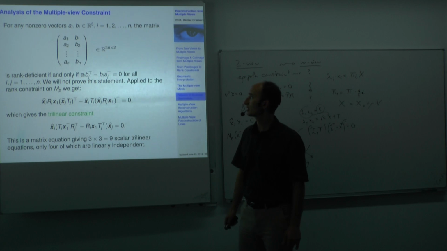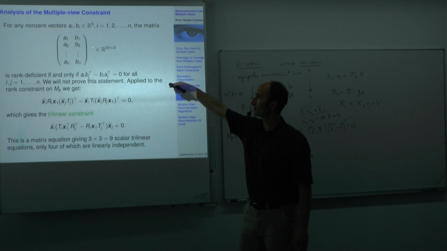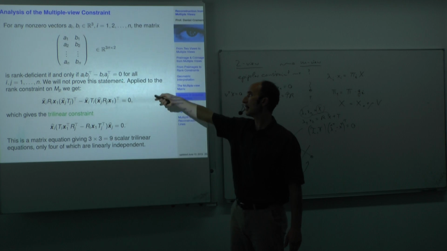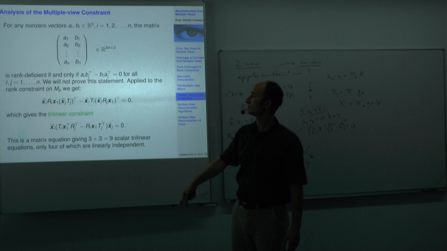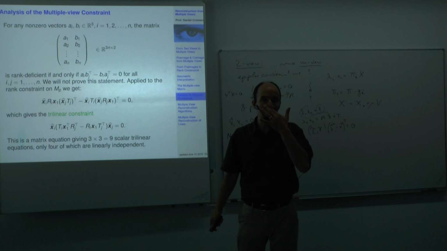So as I said, we're not going to prove this statement, but it means that the rank constraint on this matrix, saying the rank is less or equal to 1, is equivalent to a family of constraints of this type: AI BJ transpose minus BI AJ transpose is 0.